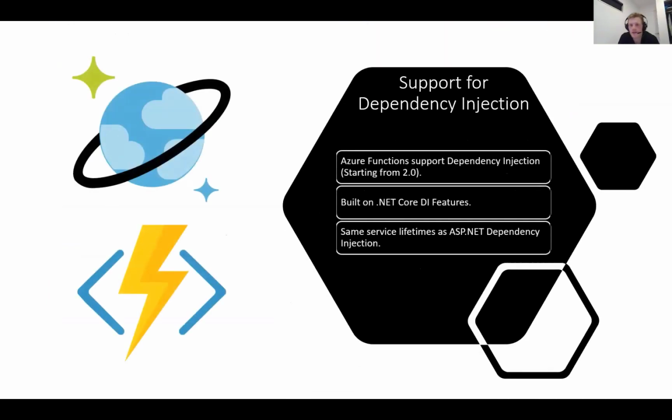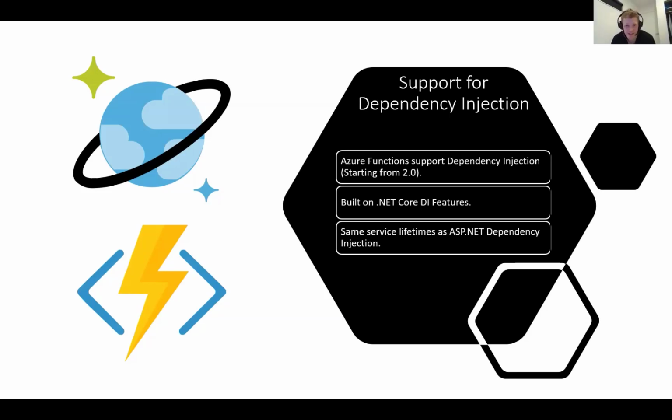But what we found is that from version 2 of the Azure Functions runtime, there's now support for dependency injection. So what we're currently doing is we have a startup file, and we instantiate a static client, a singleton of our client, that all of our functions can share.